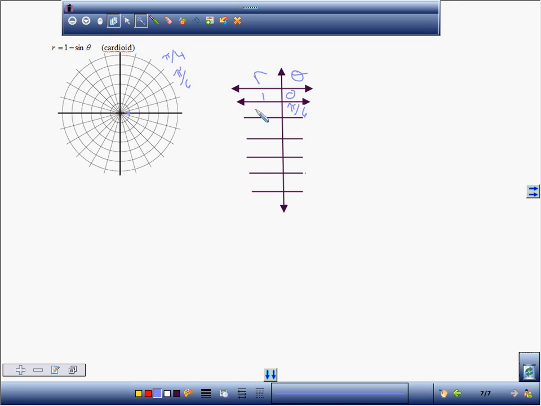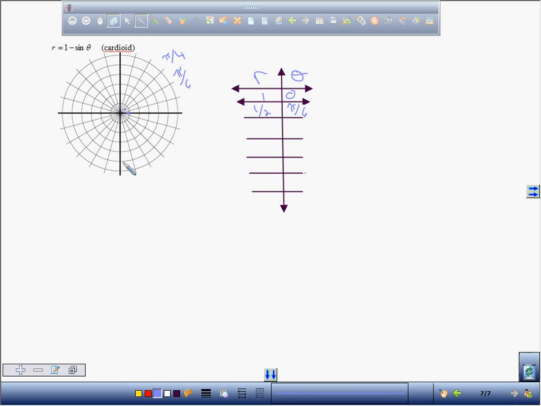What's 1 minus 1/2? 1/2. So this is where it gets real squished, because it says you go around pi over 6 and out 1/2. So there's a point kind of right in there. You see that? It's out 1/2 around pi over 6.